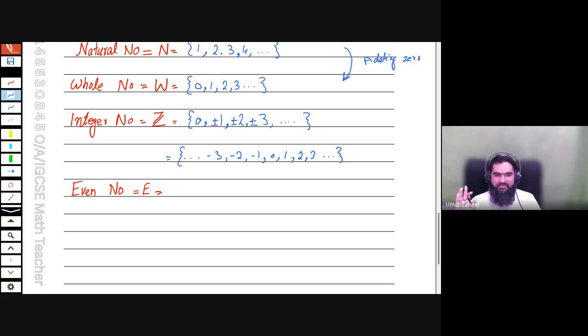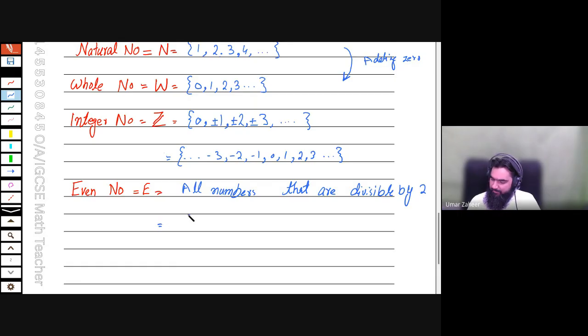All numbers that are divisible by 2 are known as even numbers.